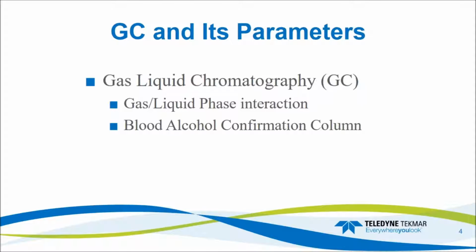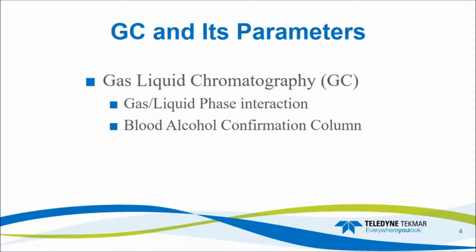First of all, for those that aren't overly familiar with the GC, I'd like to talk a little bit about GC, which was originally called back in the 50s gas-liquid chromatography. What happens is you have a gas phase that interacts with a liquid phase that's absorbed onto the column or coating the column. And by changing that liquid phase, you can change the interaction of different compounds.